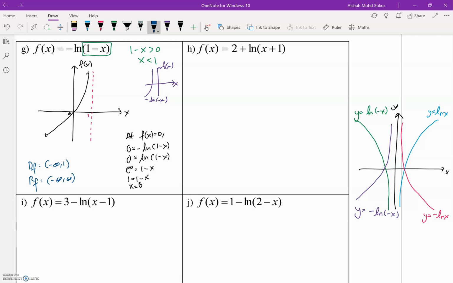Okay, we try to look at another example, H. So we have 2 plus ln(x plus 1). f(x) exists when x plus 1 is greater than 0, so x must be greater than negative 1. So our domain will be negative 1 to infinity. Sketch the graph.